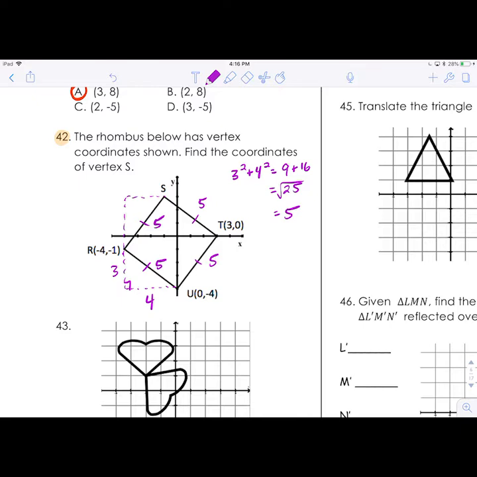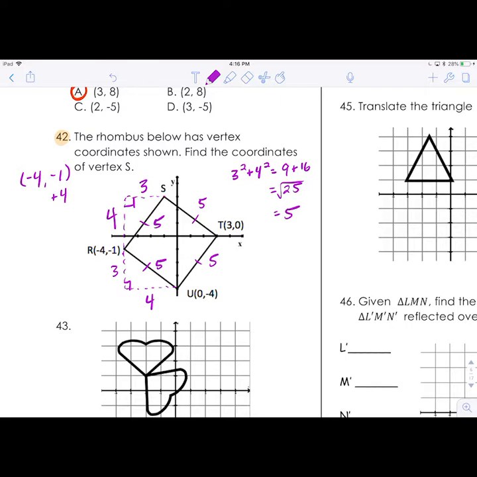I know that I've kind of inverted my triangles, so that way this is going to have to be 4. This is going to have to be 3. And if I start at -4, -1, and if I go up 4, that's a change in the y.